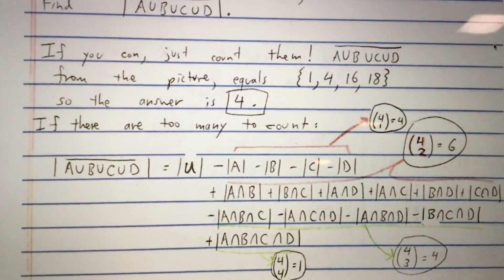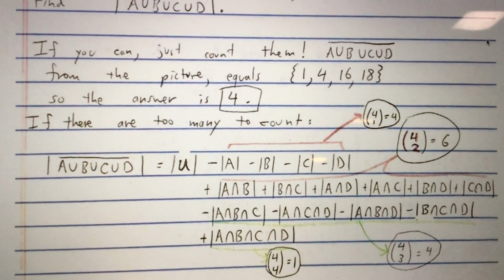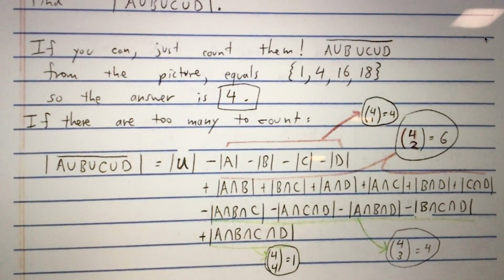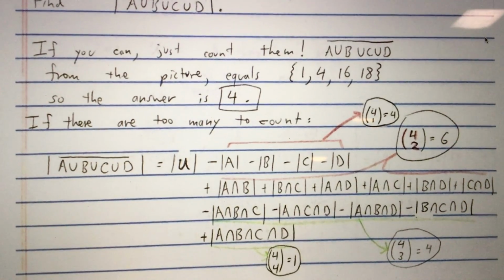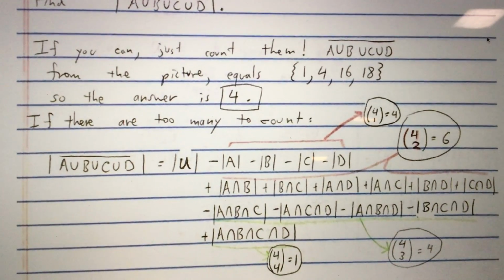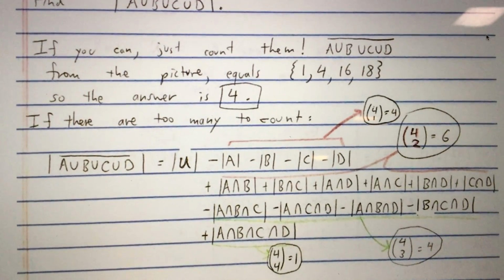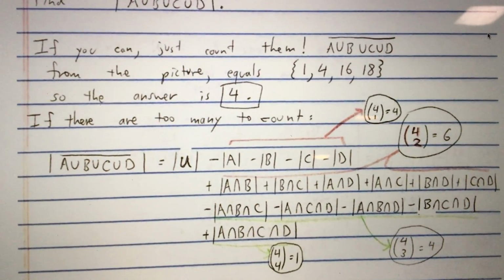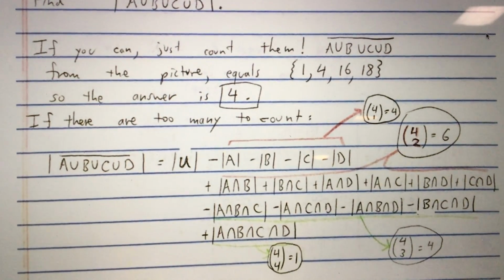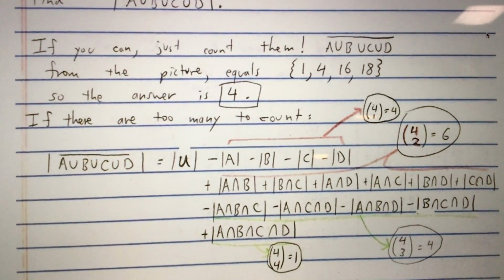Every time they overlap, we subtract something too many times because we subtracted both times. So we add back in the intersections, A intersect B, B intersect C, and so on, all the possible intersections. And at this stage, we might wonder how many things there are to add back in there on that second line.